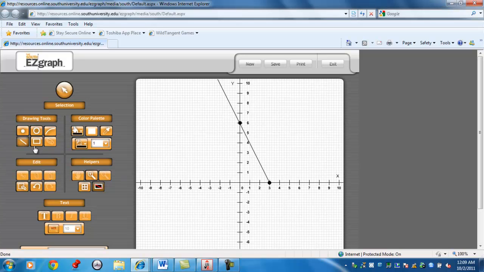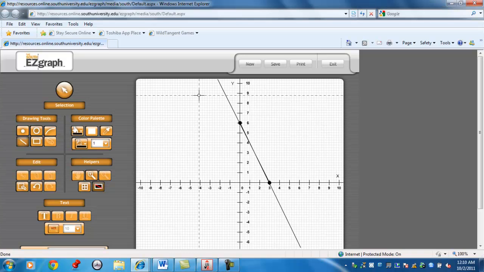And then, of course, I usually go twice. This time we'll start from the y-intercept at 0, 6 and go through the x-intercept. Okay, so we have a pretty good line that represents the graph.